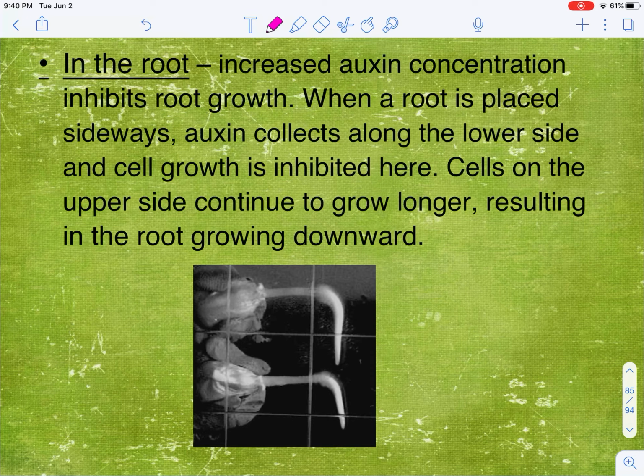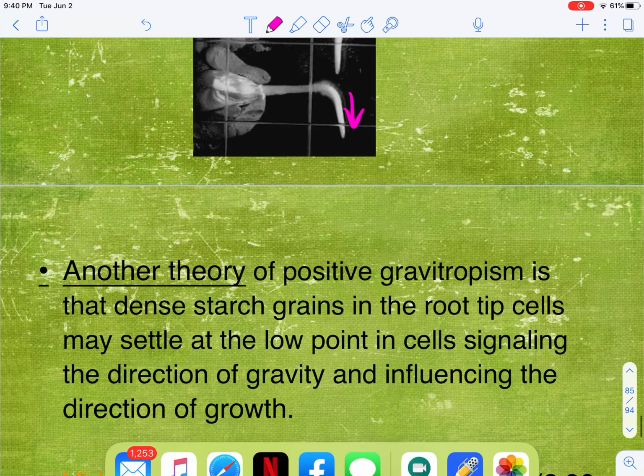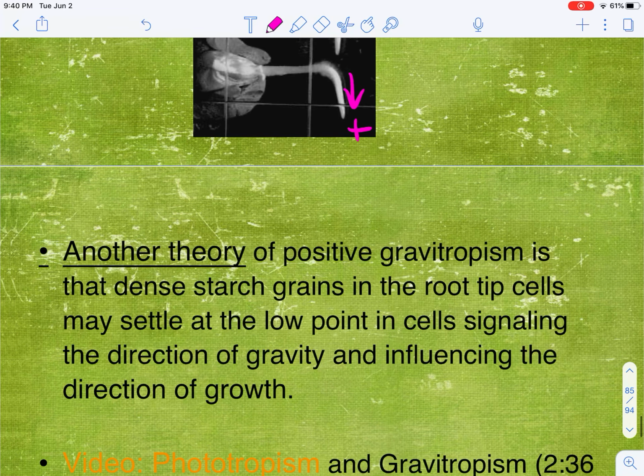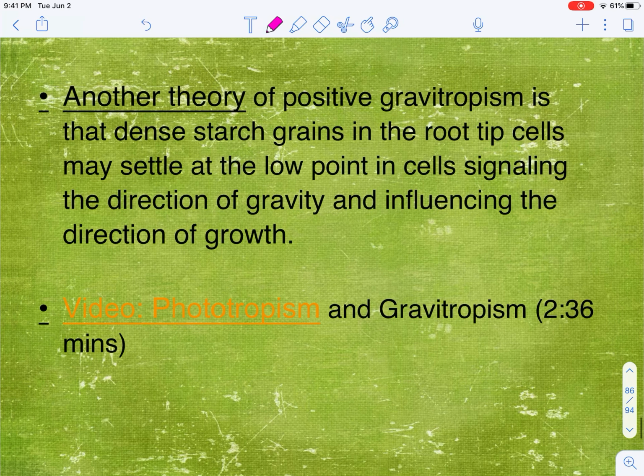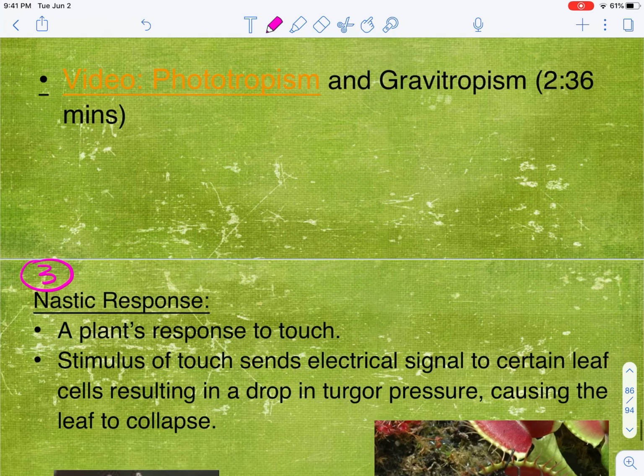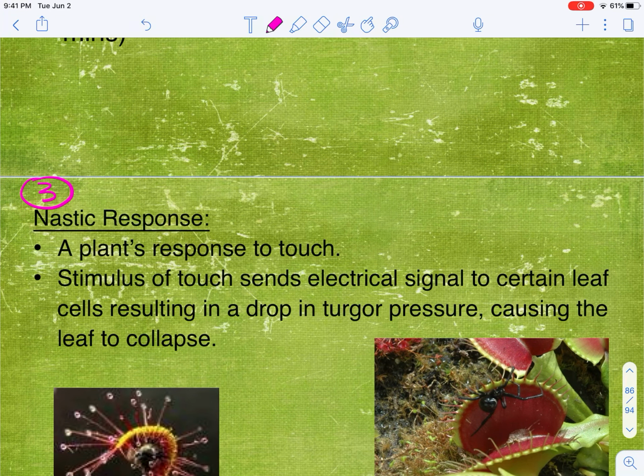So auxin is involved in not only the response to light, but the response to gravity. And we'll still always have our roots growing downwards towards gravity, the positive gravitropism. Another idea is that maybe there are some starch grains that collect in the lowest point and may also influence the fact that the roots grow down.